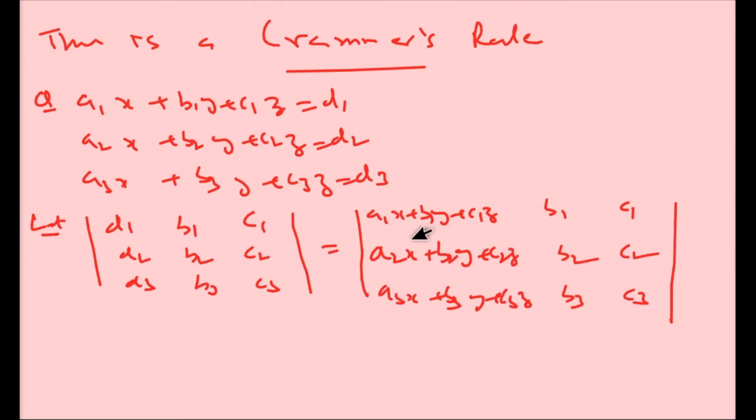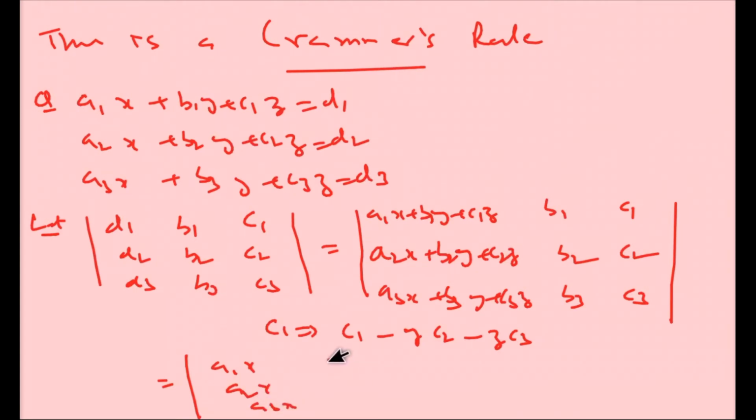Now if we change column 1, replacing it by column 1 plus y times column 2 plus z times column 3, what do we get? We get a1x, a2x, a3x, b1, b2, b3, c1, c2, c3.